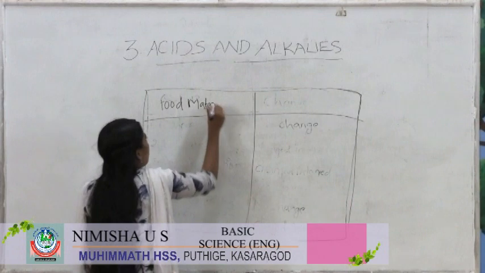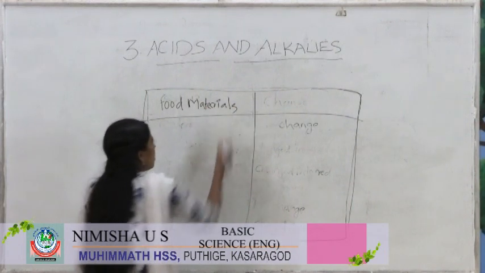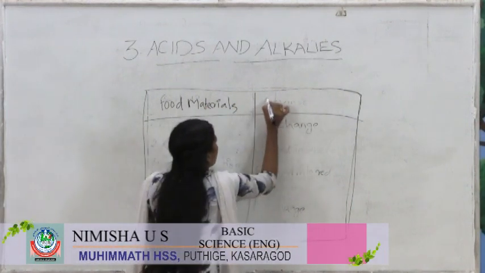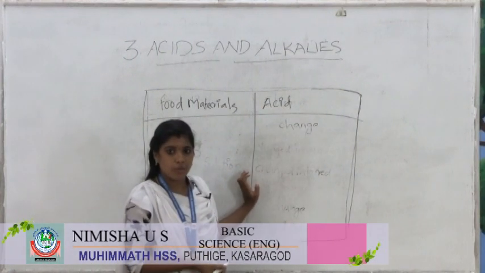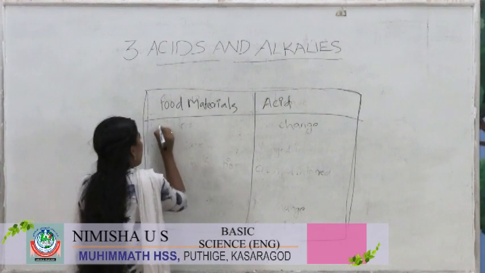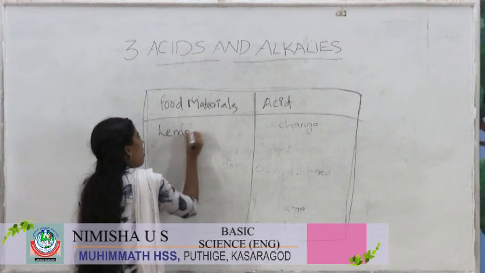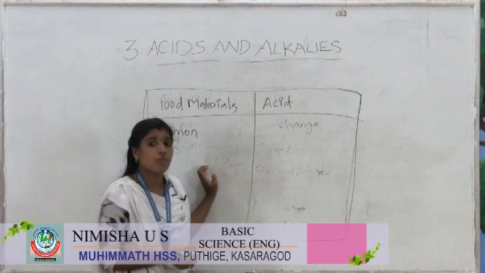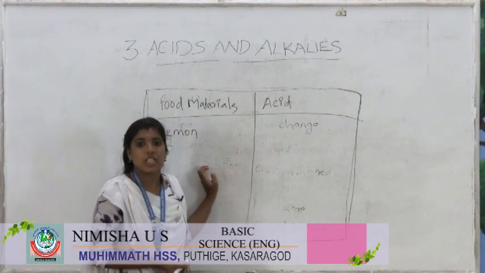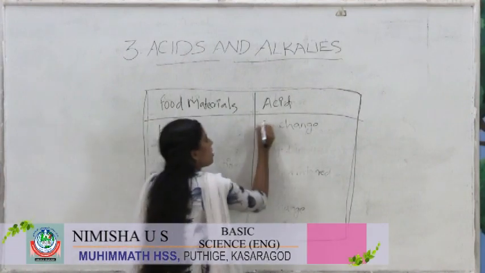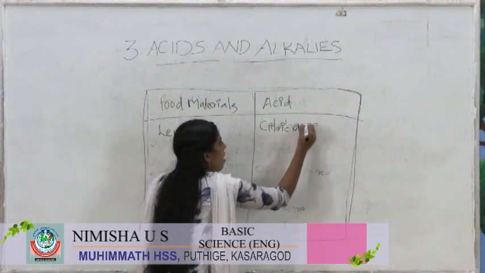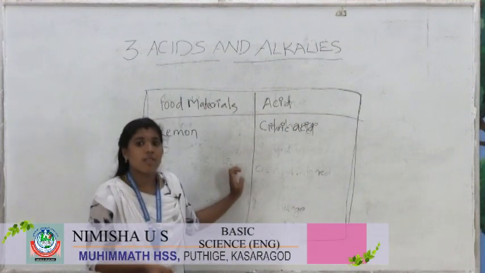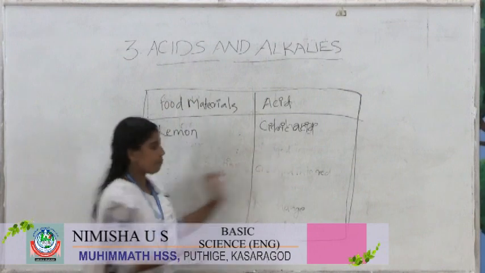In the first column we write the food materials, and in the next one the acid present in the food materials. The first one, lemon. Lemon is the food material. Let's see what acid is present in the lemon. Citric acid. Citric acid is present in lemon.